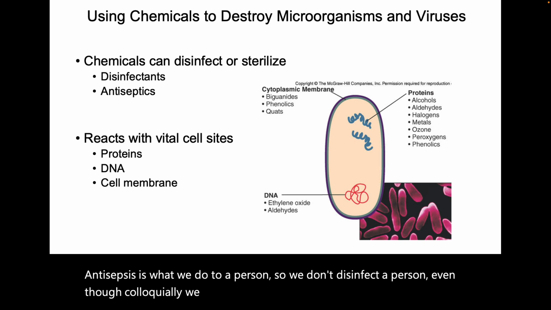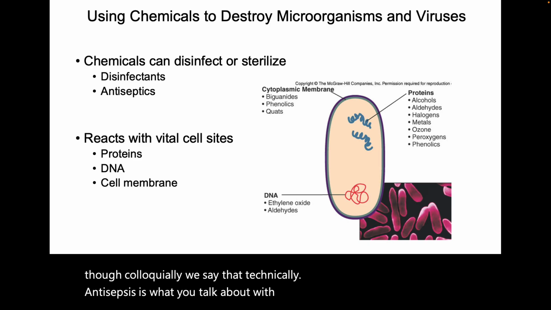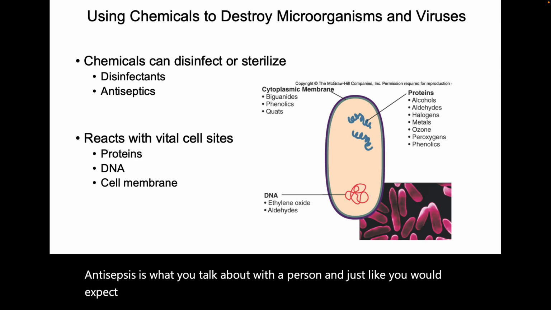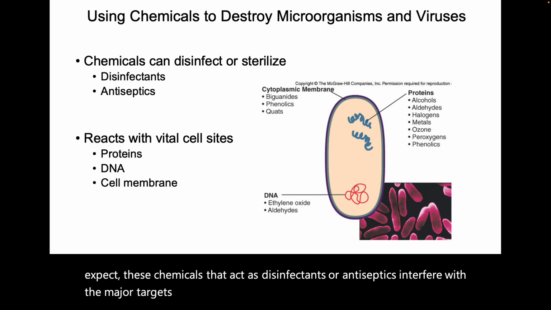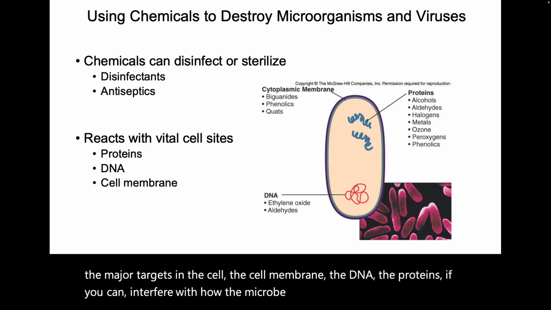Technically, antisepsis is what you talk about with a person. And just like you would expect, these chemicals that act as disinfectants or antiseptics interfere with the major targets in the cell: the membrane, the DNA, the proteins. If you can interfere with how the microbe functions, you interfere with it being able to survive.